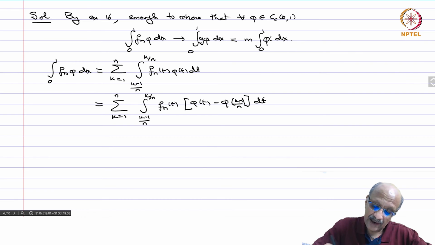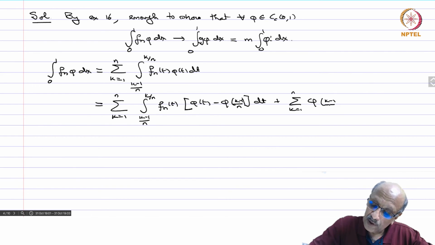I am just subtracting the base value of phi, plus the sum over k equals 1 to n of phi((k-1)/n) times the integral from (k-1)/n to k/n of f_n(t) dt.